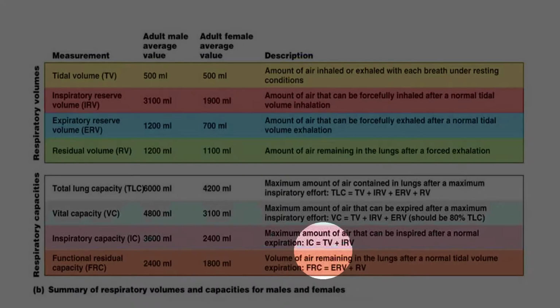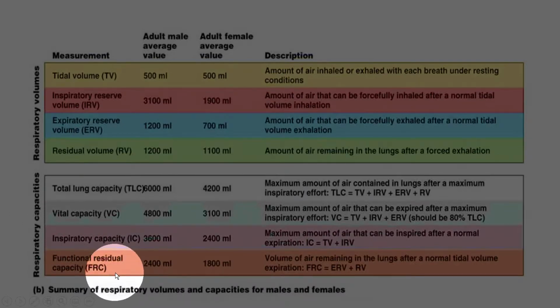So this is the amount that you can inspire after normal tidal inspiration. So of course it will include tidal volume plus inspiratory reserve volume, and it will give you total inspiratory capacity.